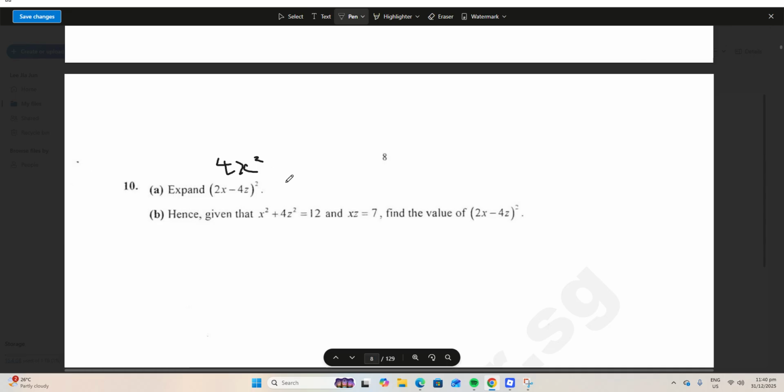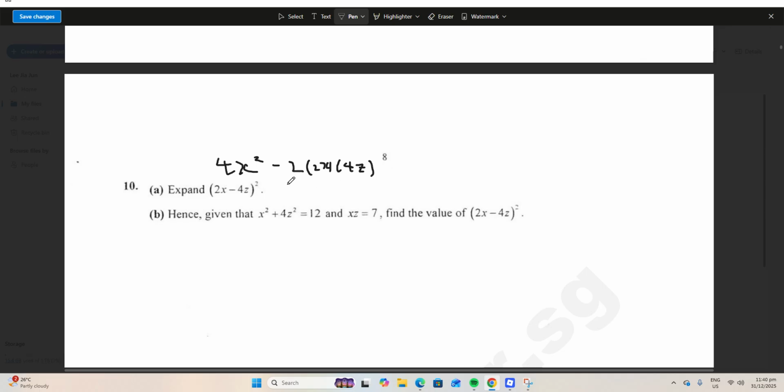4x squared minus, what is this? 2ab, right? So 2 times 2x times 4z. You do not include a negative inside the 4z.